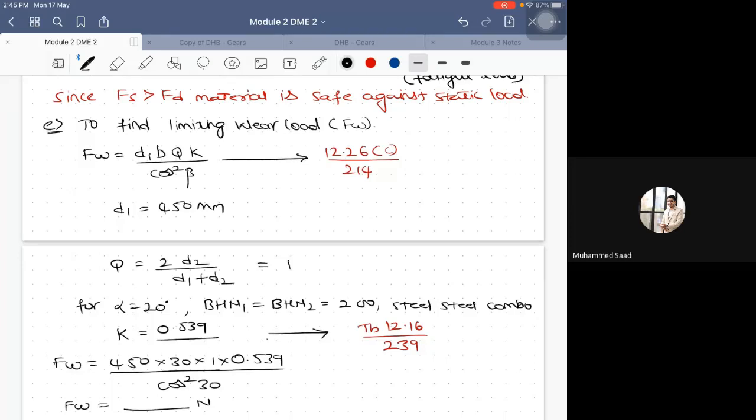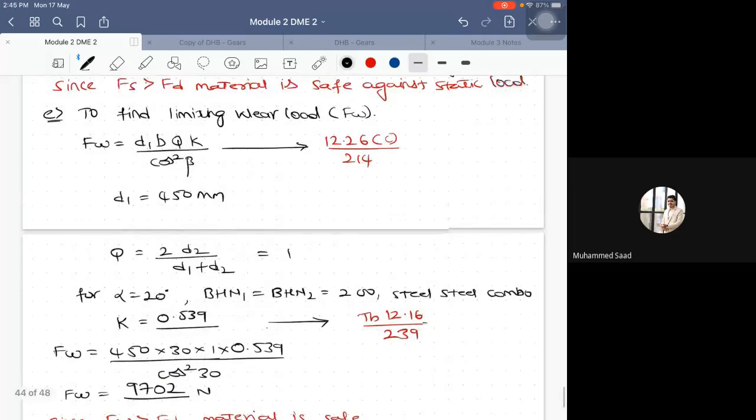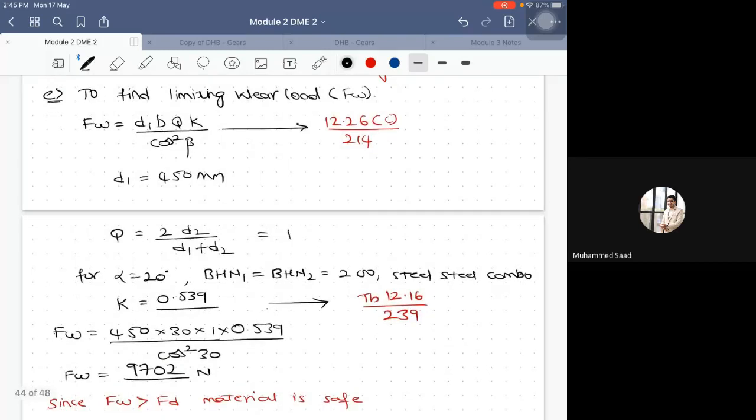The answer is 9702, so 9.7 kilonewton. Then as per the textbook, the material should be safe.